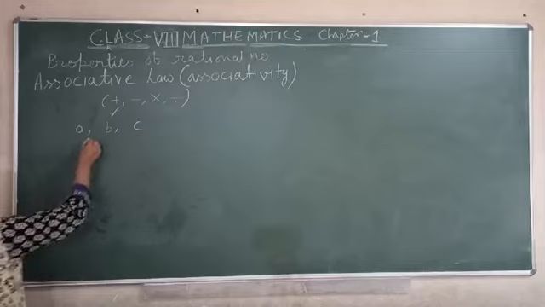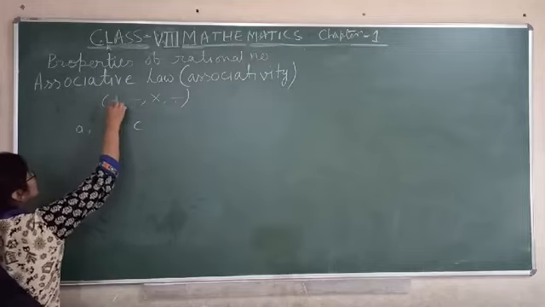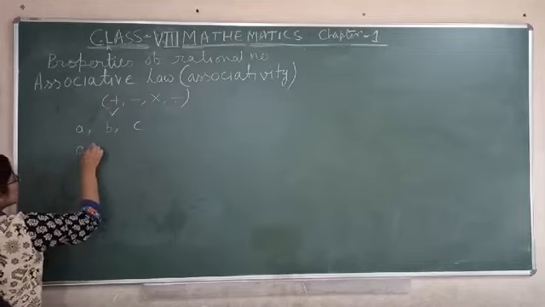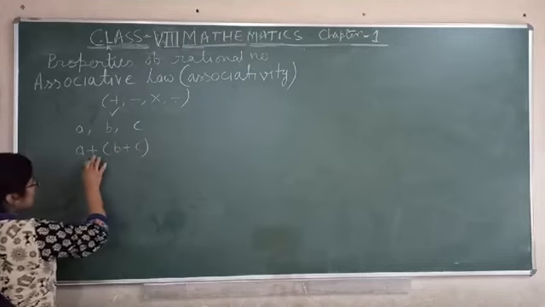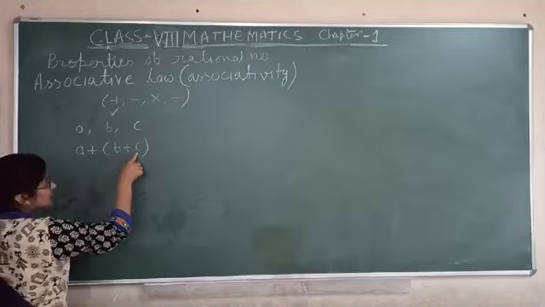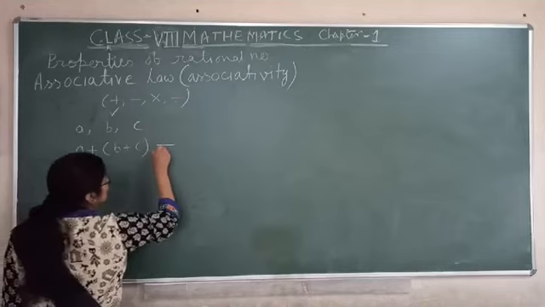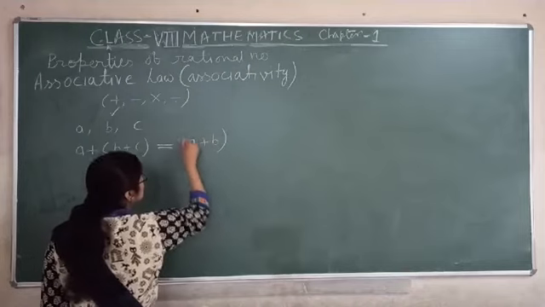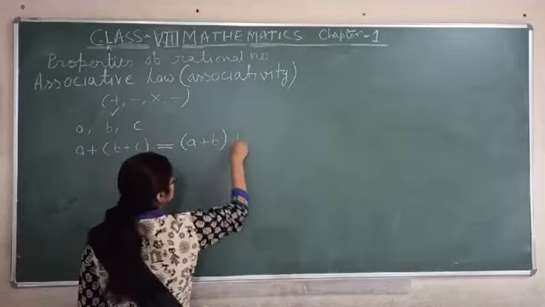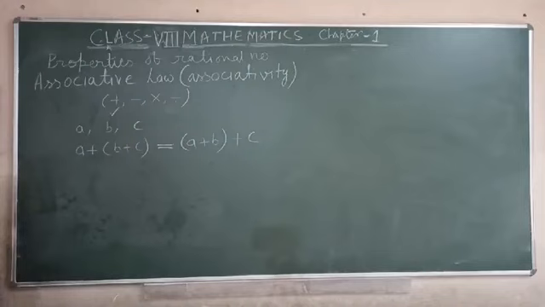So if we are doing it for addition, what should it be? A plus within bracket B and C should be equal to A plus B within bracket, plus C. It should be like that for addition.